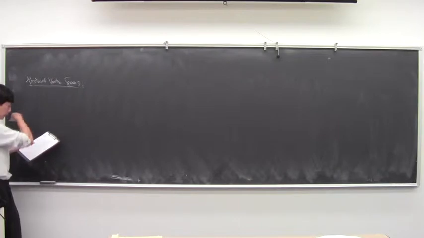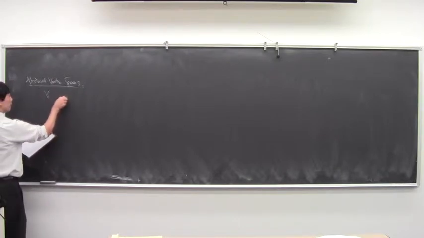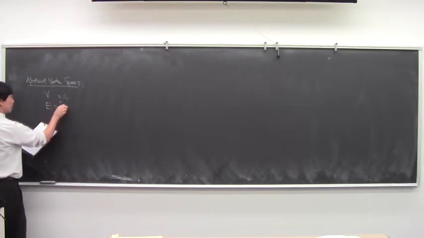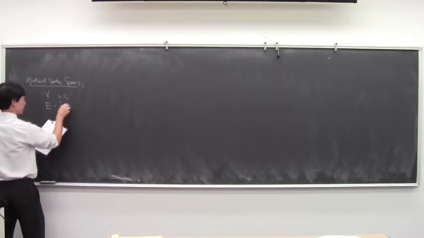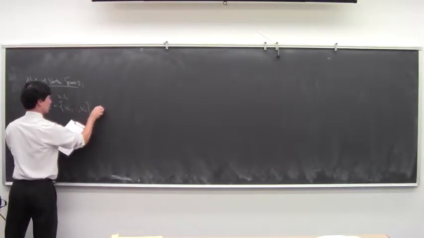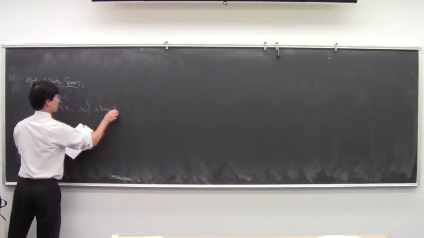Again, you have a vector space V, and E, V1 to Vn, a basis of V.